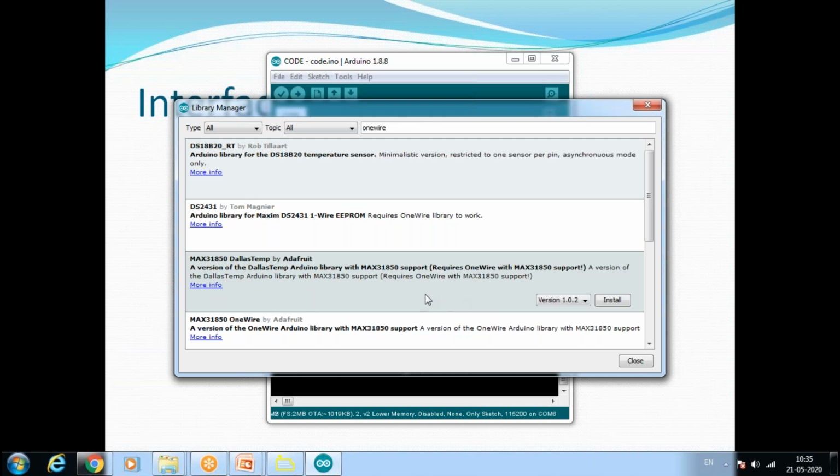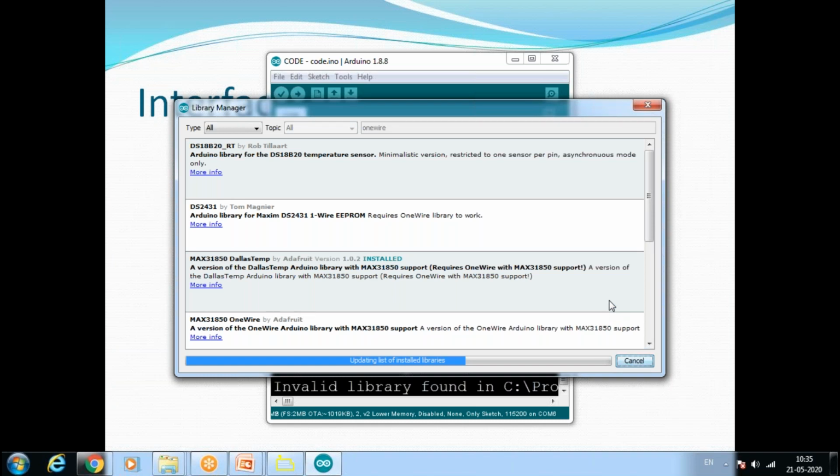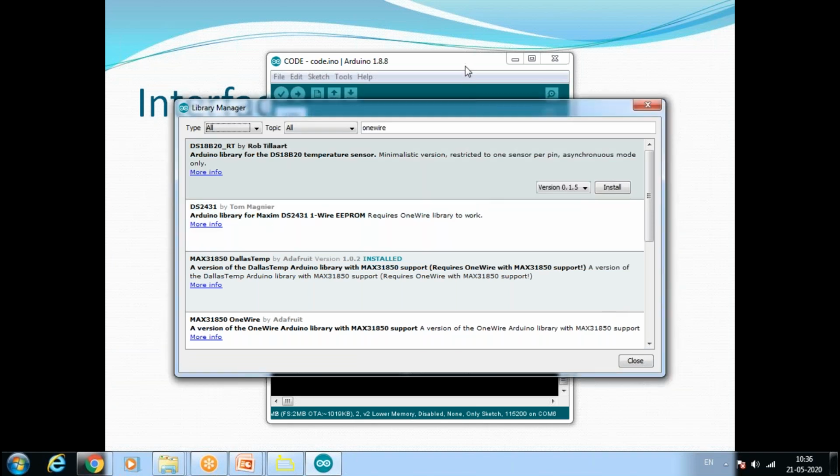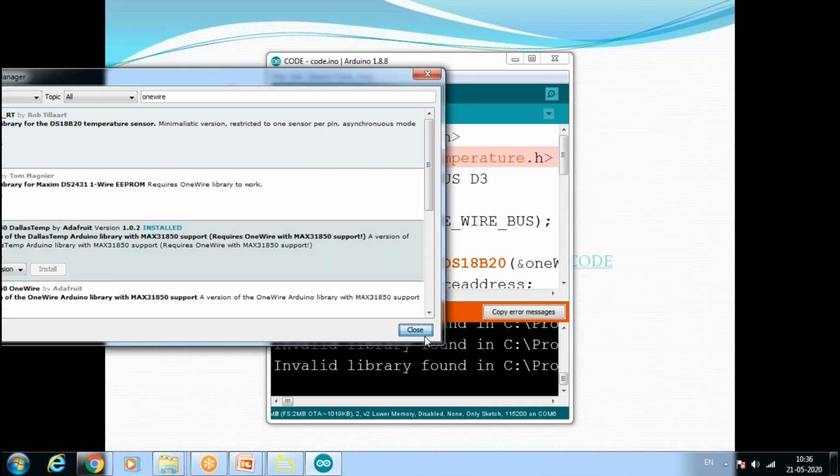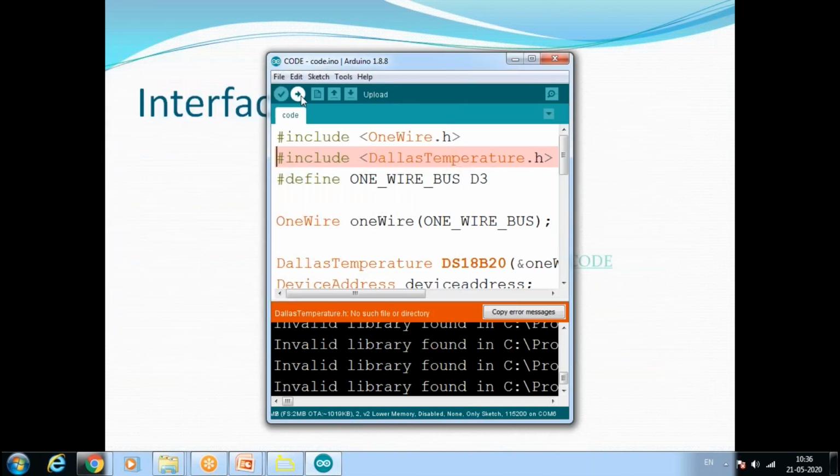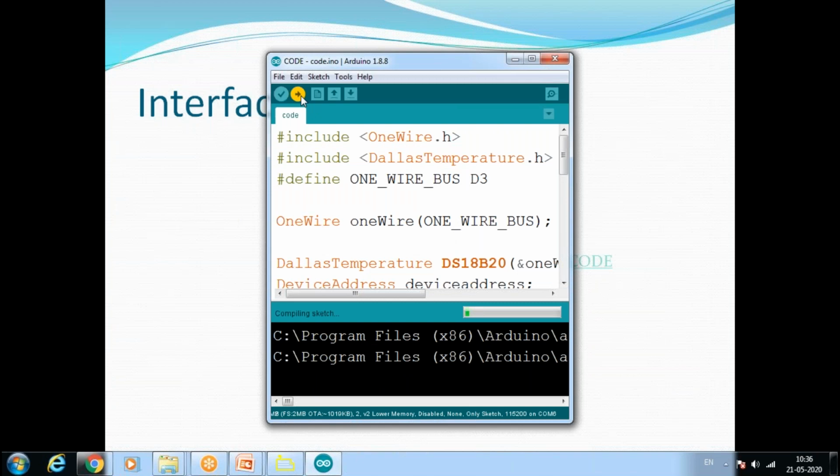Then for OneWire, go again to the library manager. Okay. Now again I'm going to compile it.